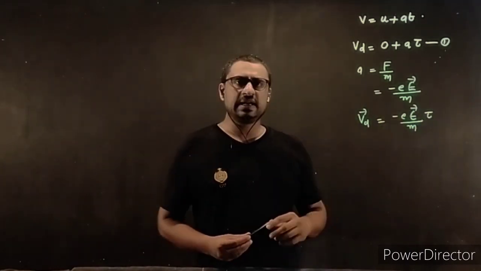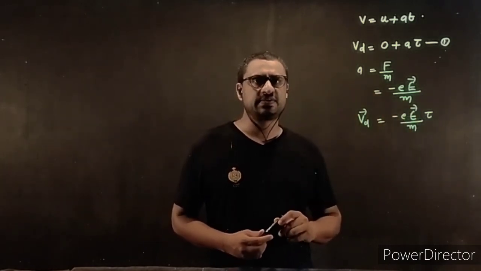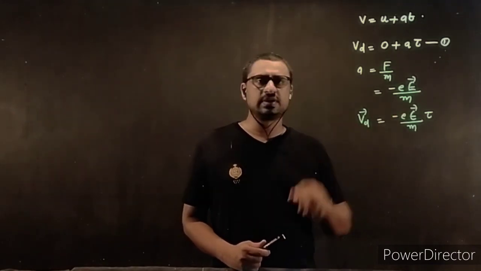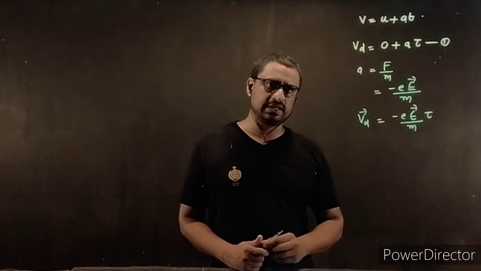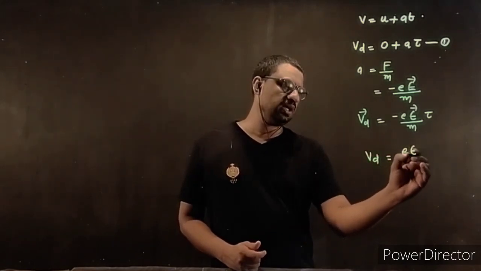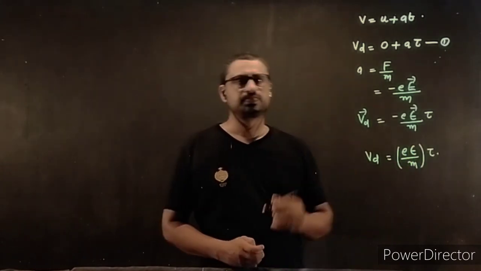This negative sign indicates that the drifting of the electron is opposite to the direction of the electric field intensity. Now, modulus wise, we can say Vd equals eE by m into tau.